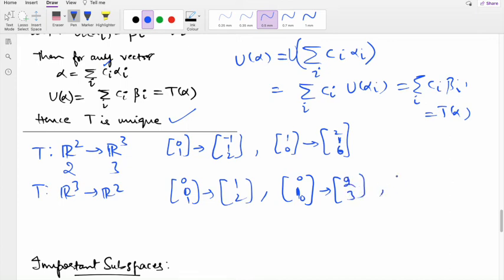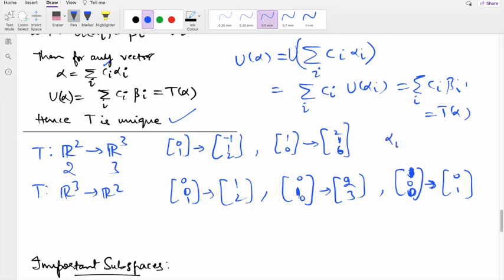And then, for example, (1, 0, 0) takes me to (0, 1), maybe (1, 0, 0).